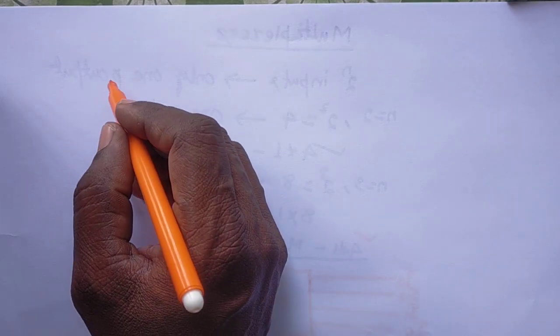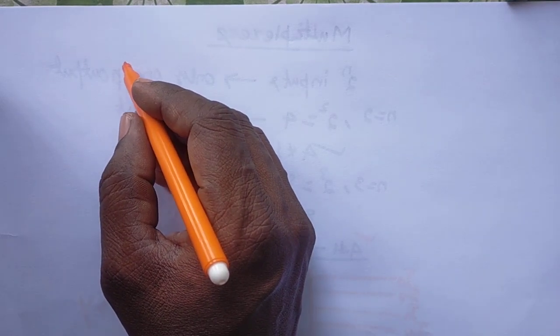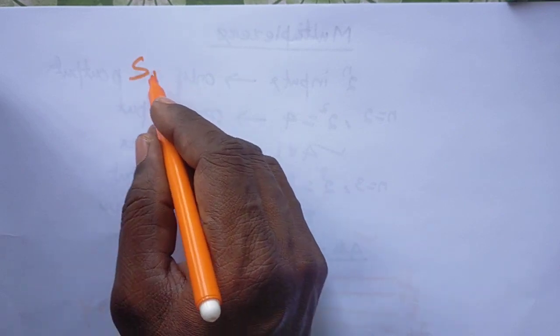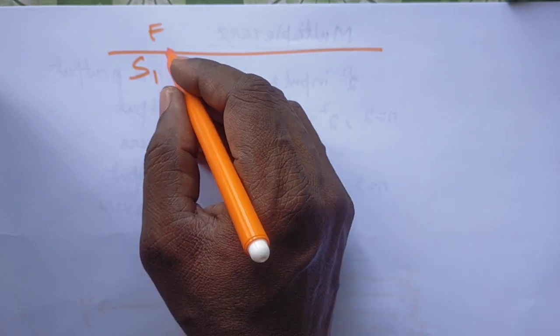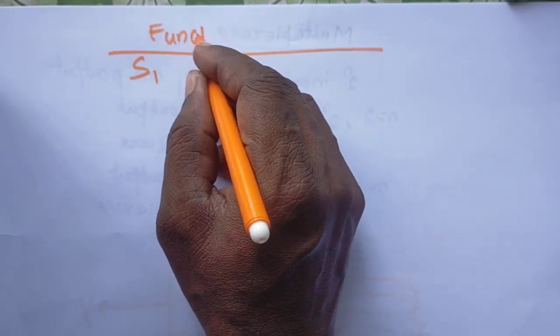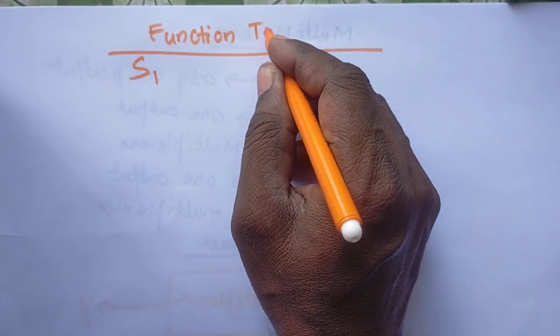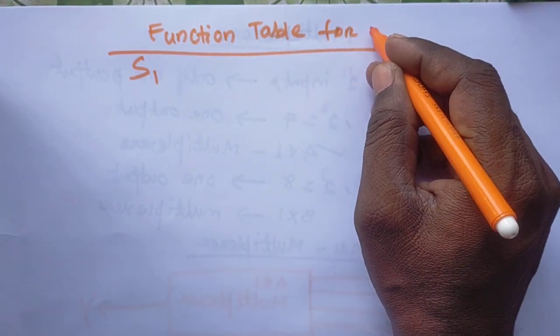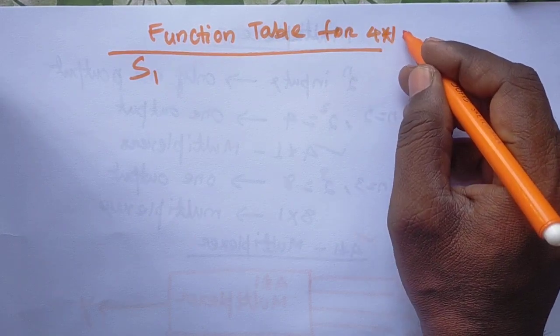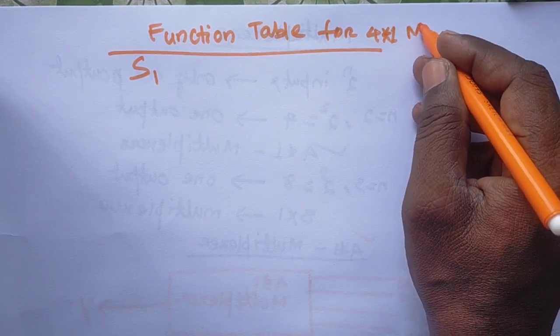Okay, let us define the function table. Function table is defined in this way. You see, first one, just draw this S1. We can call this the function table for the 4 into 1 multiplexer.